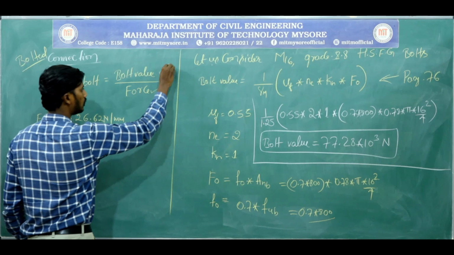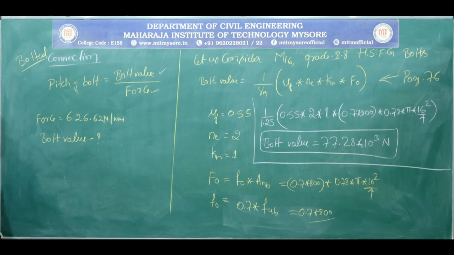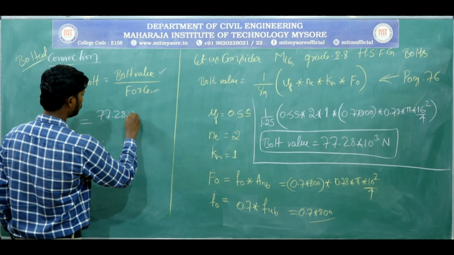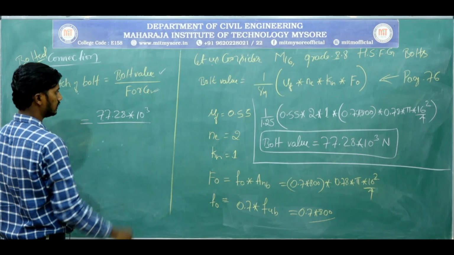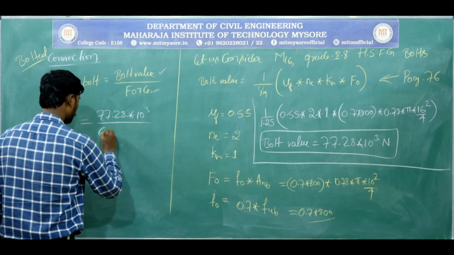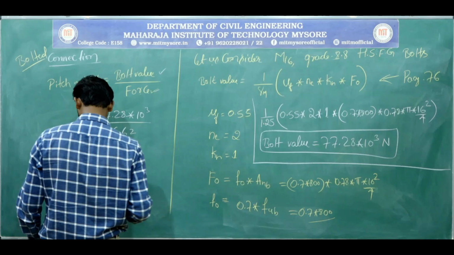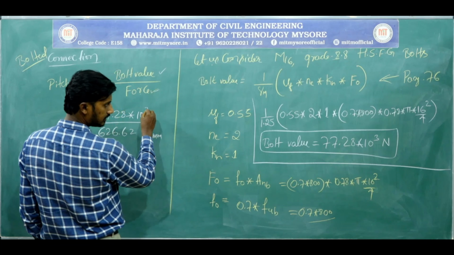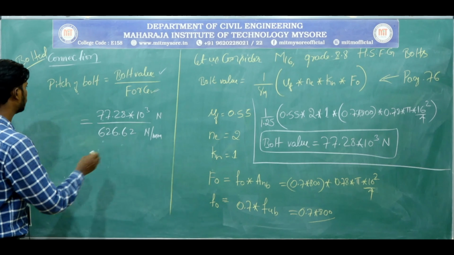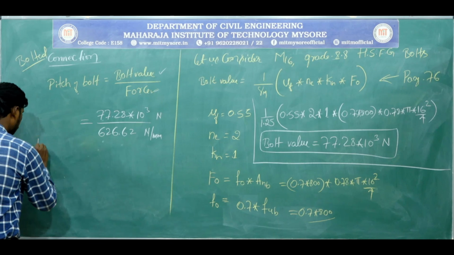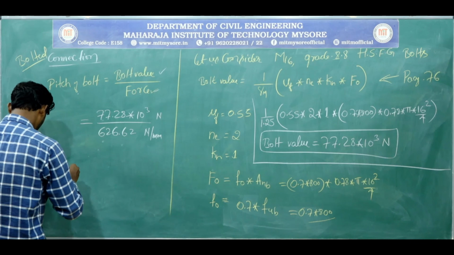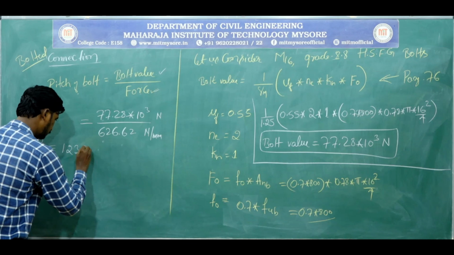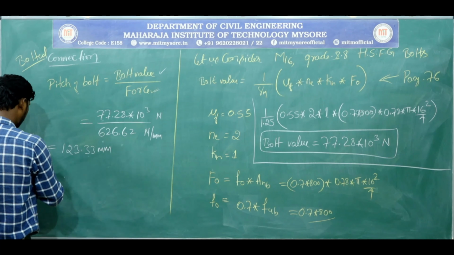So now you have the bolt value and the force, calculate the pitch of the bolt. Bolt value is how much? 77.28 into 10 power 3 divided by the force, 626.62 Newton per millimeter, and this is in Newton. So what is the pitch of the bolt? Pitch of the bolt equals 123.3 millimeter.